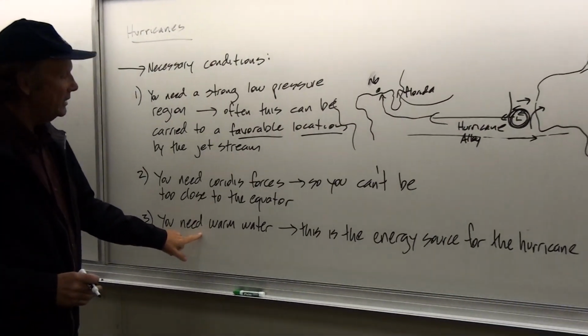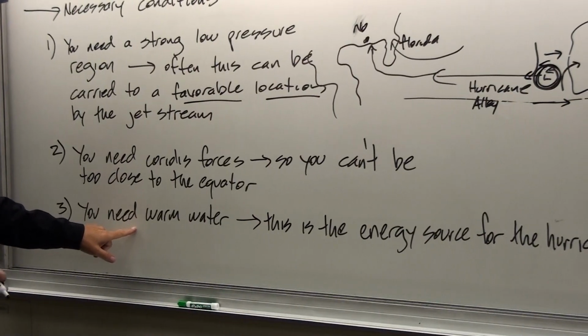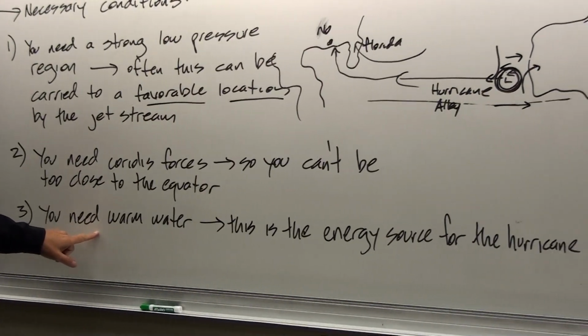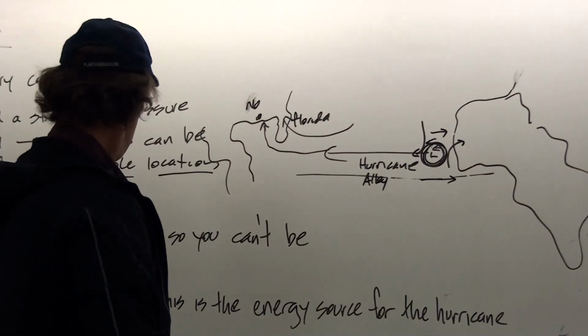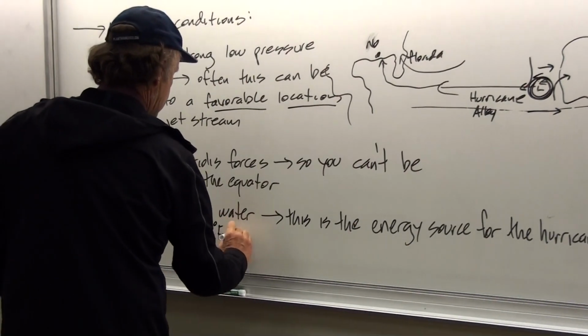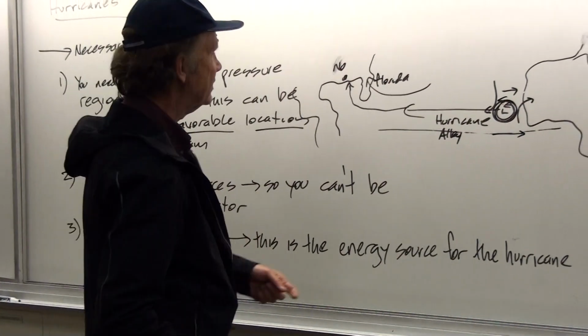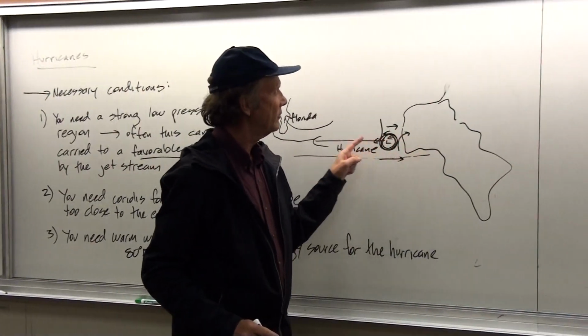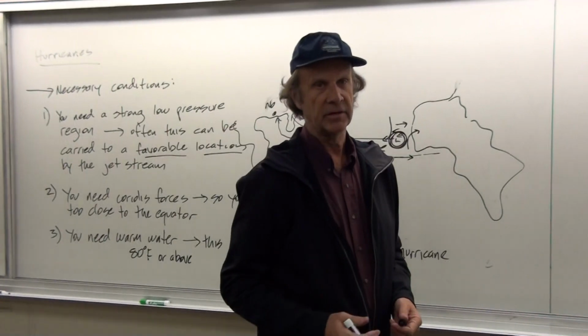And here the third condition, which is often met off the coast of Africa, is you need warm water. And so typically, by warm water here, we mean 80 degrees Fahrenheit or above. So this is not to say that all of the hurricanes that can affect us start off the coast of Africa.